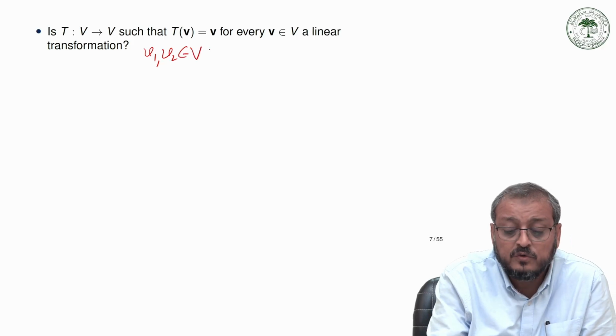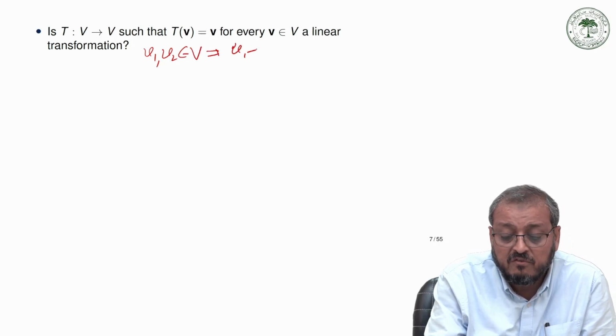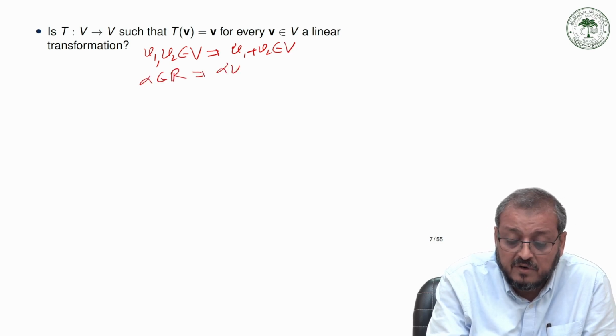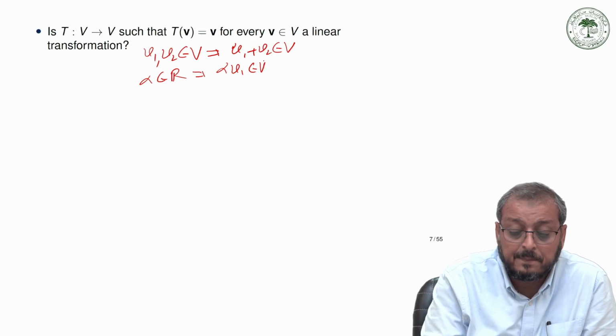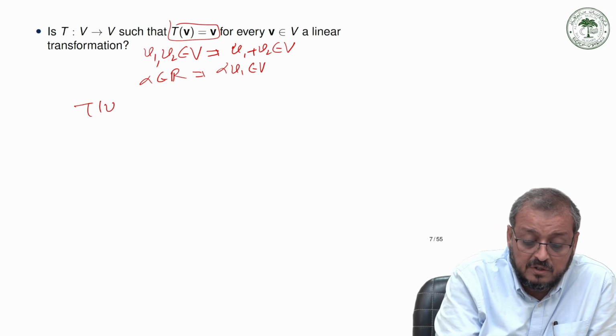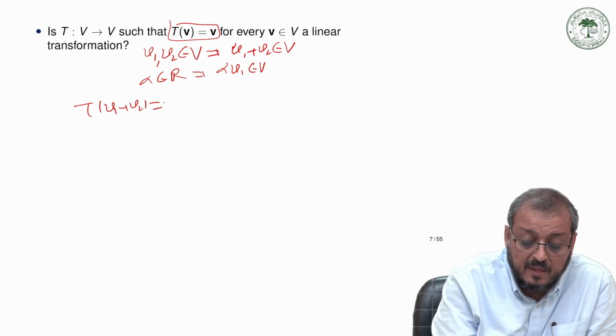V1, V2 belong to V. This implies that V1 plus V2 is also an element of V, and alpha is an element of R, which implies that alpha times V1 is also an element of V. By the map defined, T of V1 plus V2 is the same as V1 plus V2.